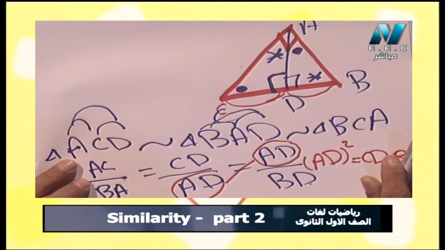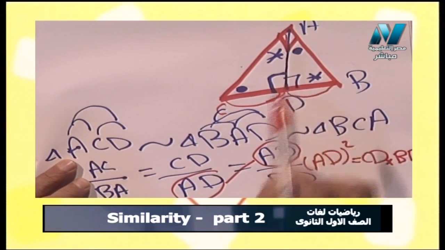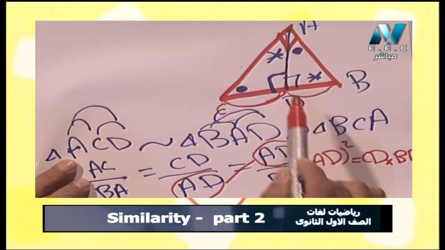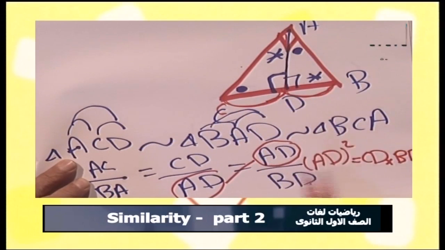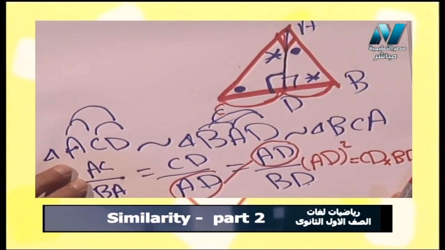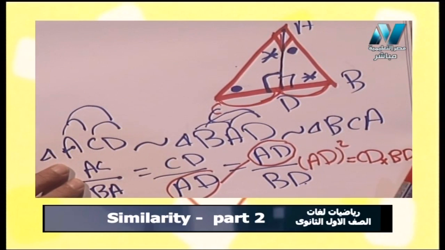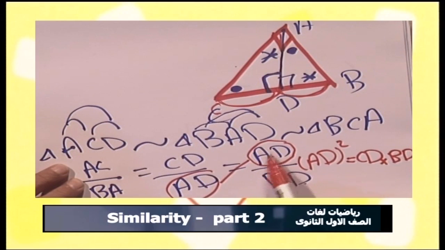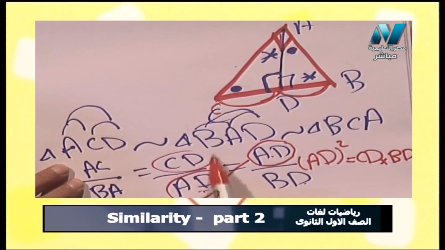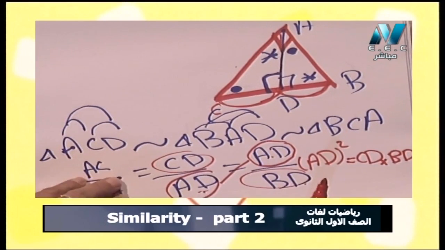Do you remember, my dear students, this called in primary 2 the Euclidean theorem, AD power 2 equal CD multiplied by DB. So from similarity now we try to simplify or try to prove that AD times AD equal AD power 2, and the answer will be CD times BD. Let's go to another thing.